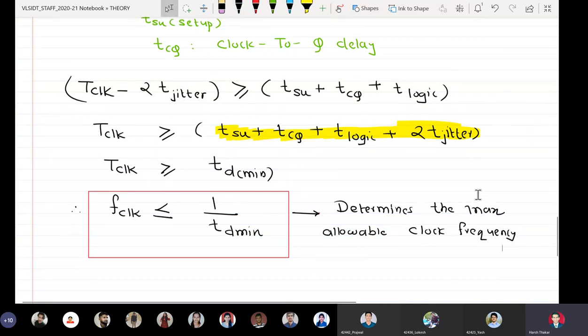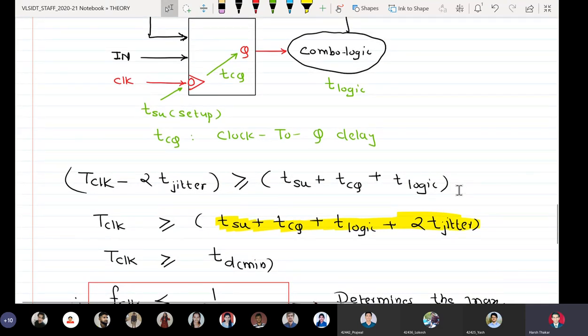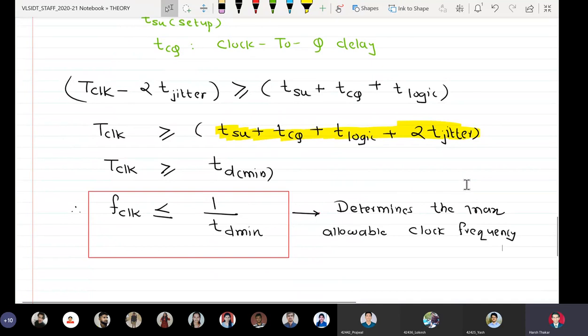It's very clear that if clock jitter were absent in the system, the value of FCLK could increase more. If clock jitter is not present, then FCLK should only be less than or equal to 1 over setup time plus TCQ plus T logic.